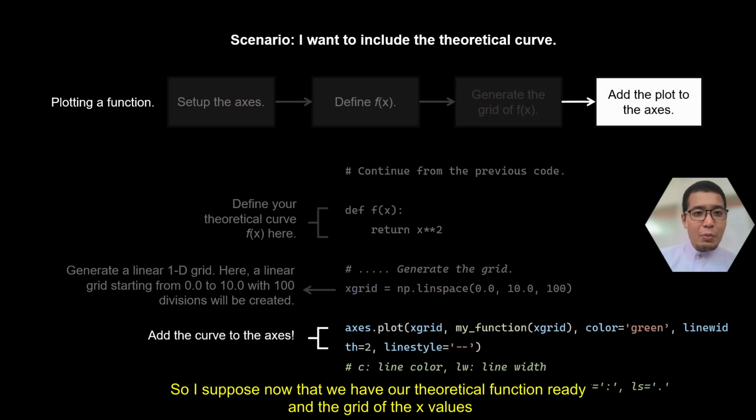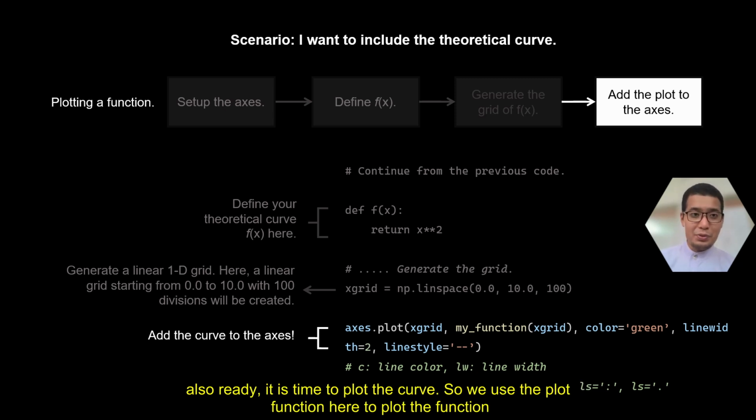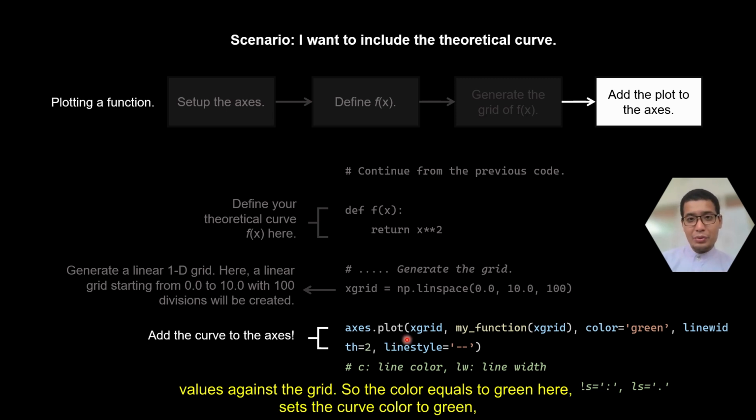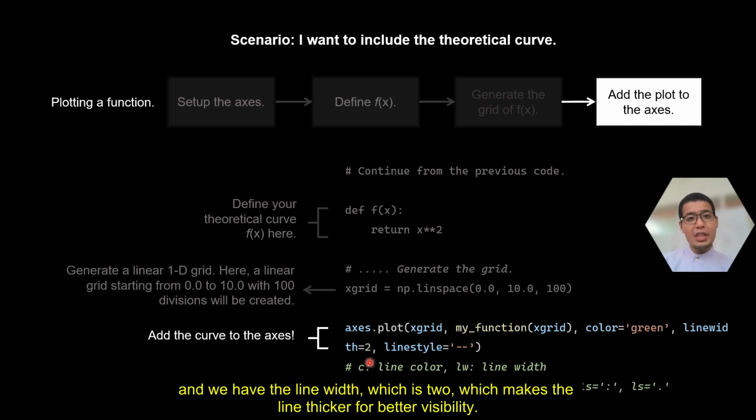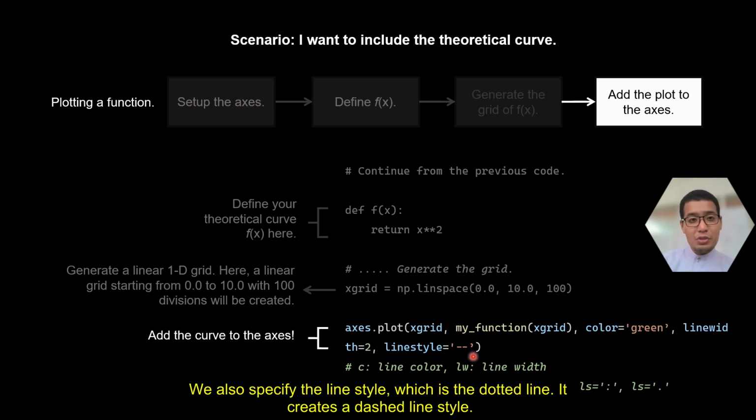So now that we have our theoretical function ready and the grid of x values also ready, it is time to plot the curve. We use the plot function here to plot the function values against the grid. The color equals green sets the curve color to green, and we have the line width, which is 2, which makes the line thicker for better visibility. We also specify the line style, which is the dashed line.